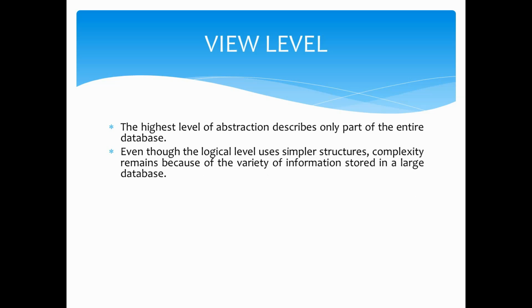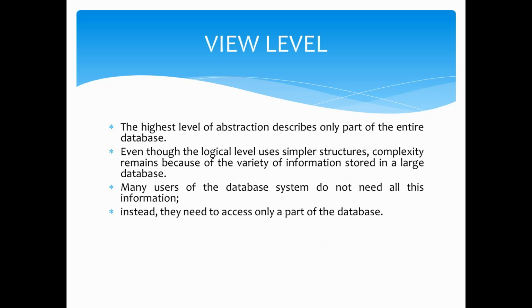So if they need only a certain part of a table, only 2 or 3 rows from the table, only that particular data that is needed by the user is given in this view level. So to simplify the data, whatever is accessed by the user from the complete database can be viewed in this view level. That is facilitated by this view level.